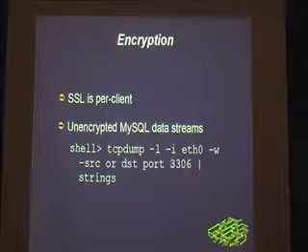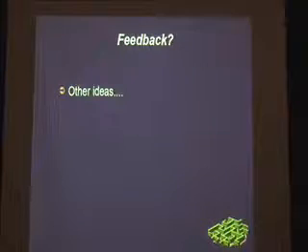If you're not on 3306, then you want to change that, and then pipe that into strings. This is obviously a Unix command, where strings will just get you the text that's in that, and then you can see if you're seeing select statements or whatever, then it's unencrypted. If you're seeing a bunch of gobbledygook, it's encrypted. And that's it. So other ideas, we already said UDFs.